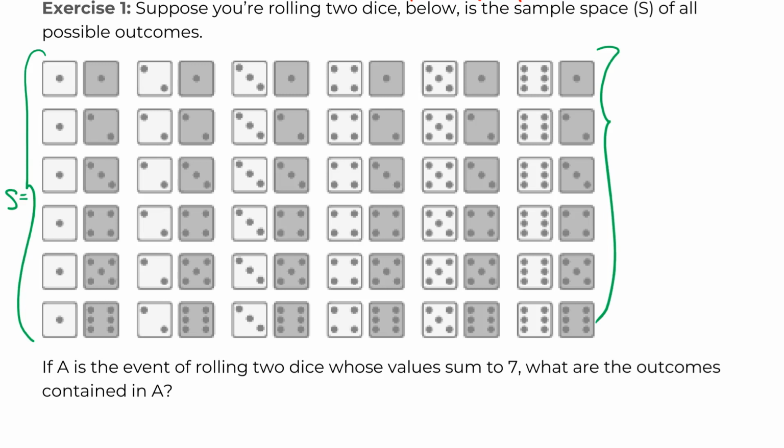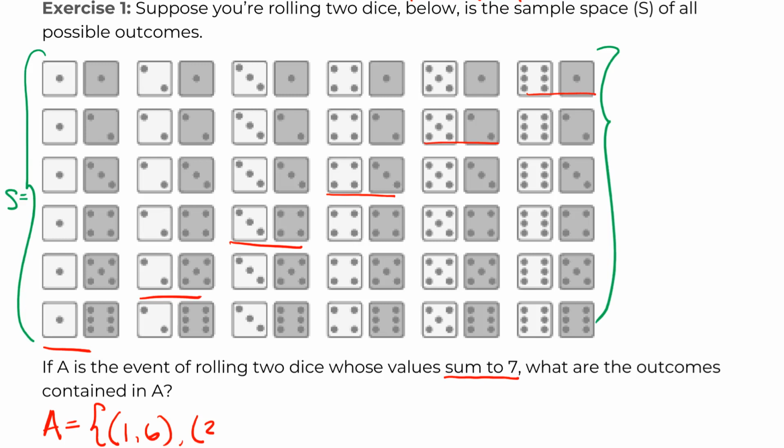So our first event here is event A is rolling 2 dice whose values sum to 7. And all it asks here is what are the outcomes contained in A. So now we're just going to go ahead. If you've played craps before, you probably know the things that sum to 7. But we've got 1, 6, 2, 5, 3, 4, 4, 3, 5, 2, and 6, 1.